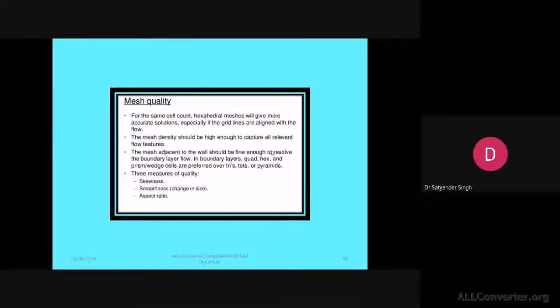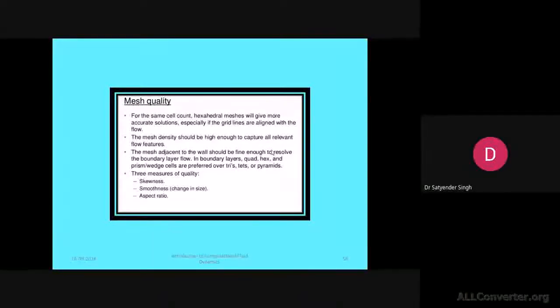Let's say everywhere you have created the quadrilateral mesh, then you must ensure whether they are orthogonal or not, or if they are not following the orthogonality, then how much deviation there is compared to the standard one. So that is particularly the skewness. So it must be near to zero.